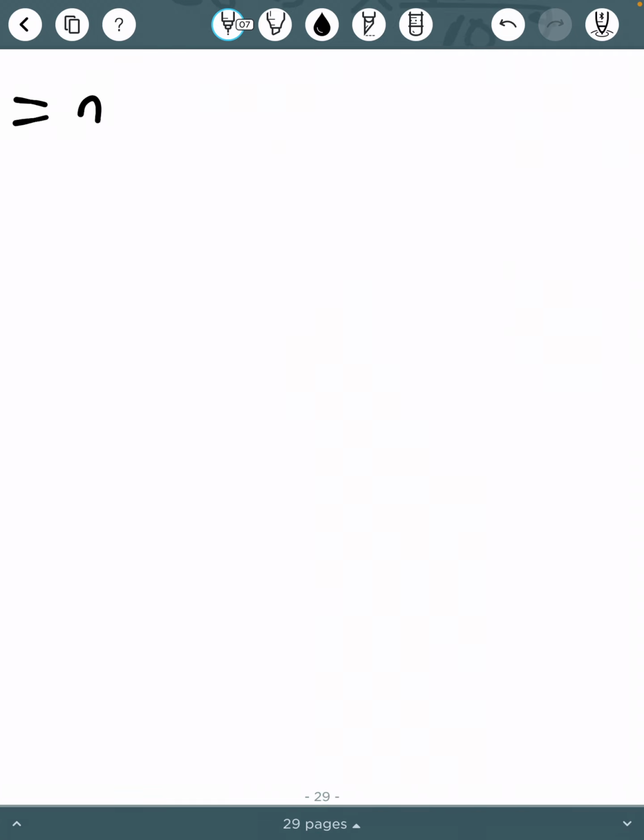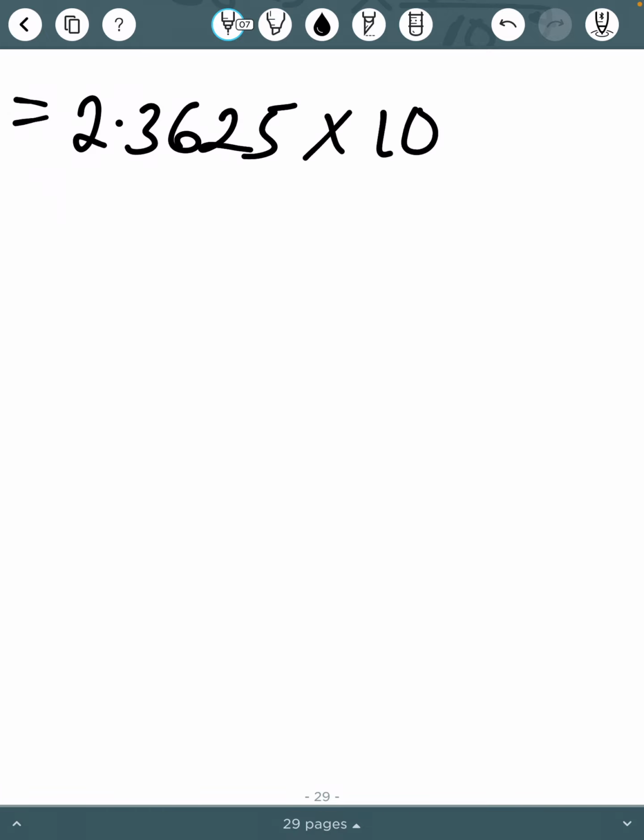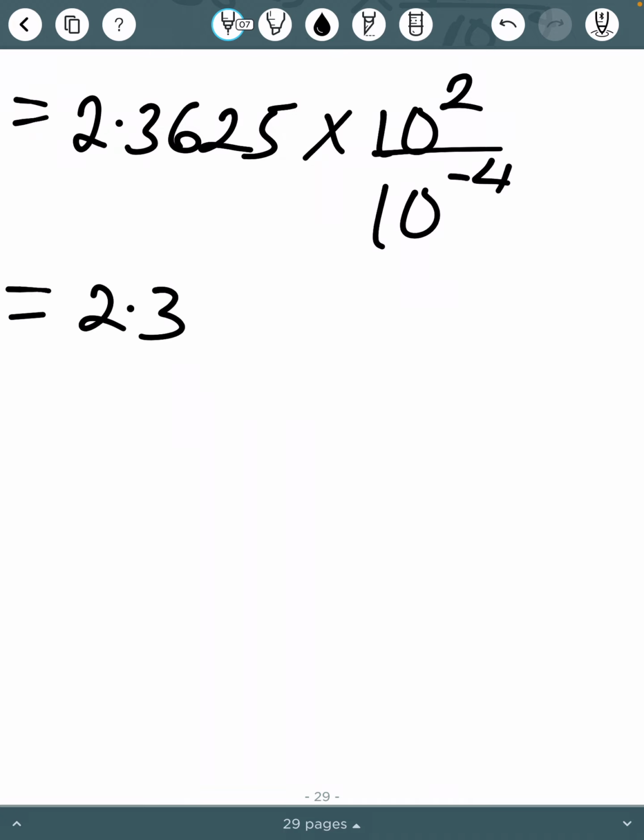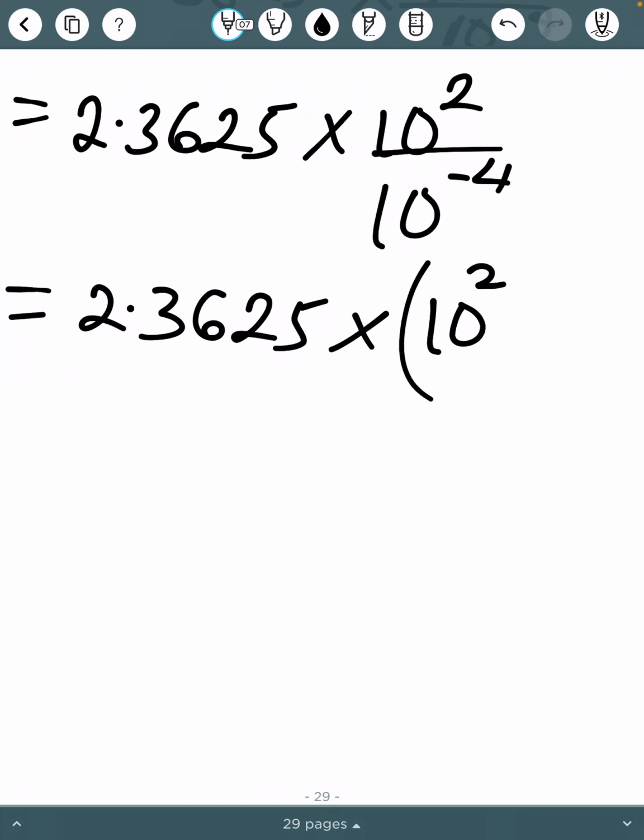That will give me 2.3625 times 10 raised to power 2 over 10 raised to power minus 4. I'm just trying to write that step again. This will give me 2.3625 times 10 raised to power 2 divided by 10 raised to power minus 4.